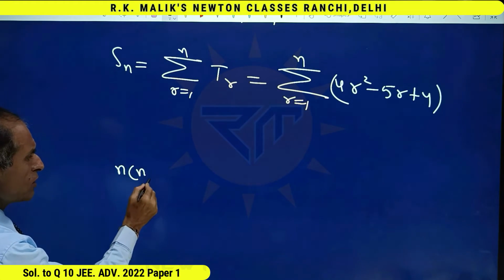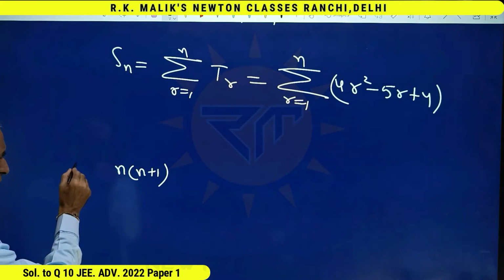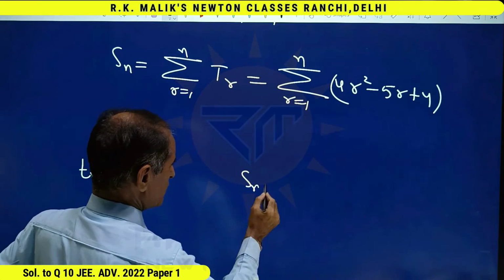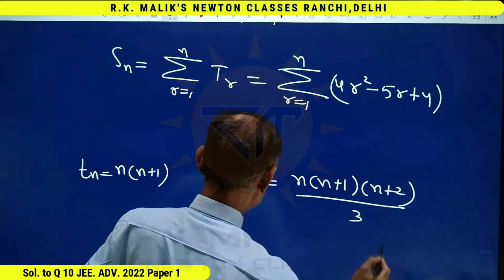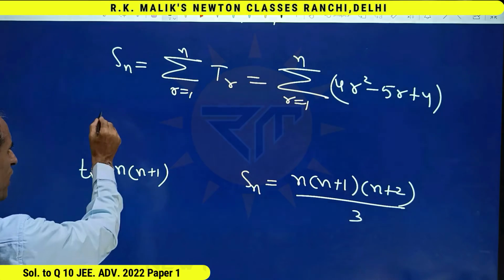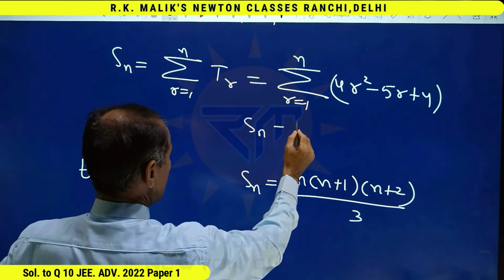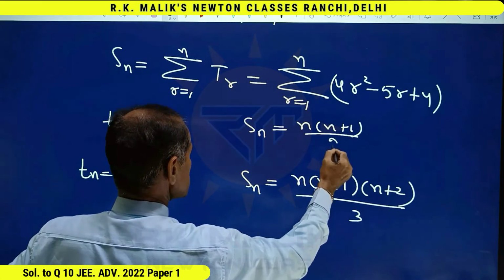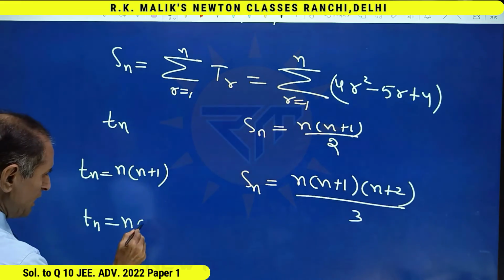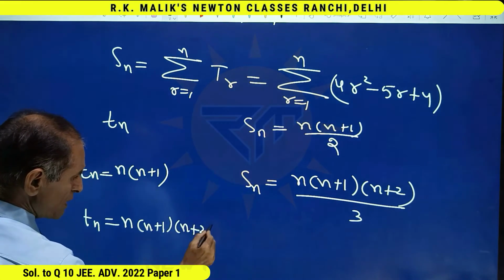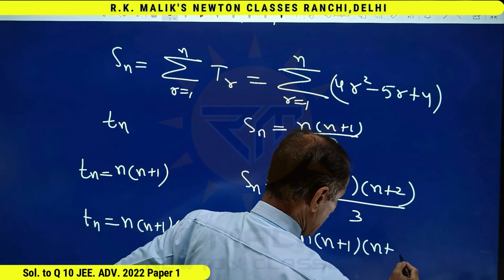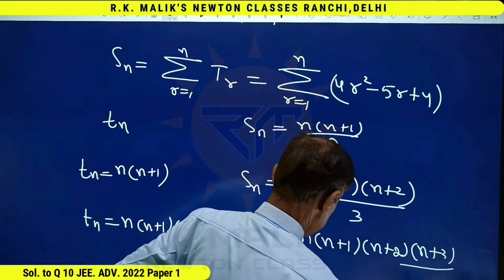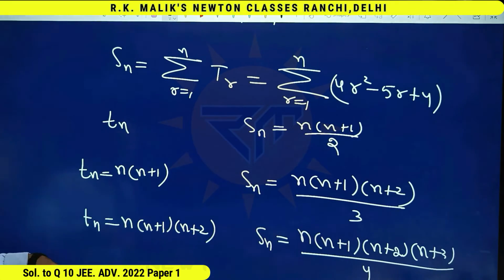As I told you while explaining the basic theory of this question, if the nth term is n into n plus 1, that is if this is Tn, then Sn is going to be n into n plus 1 by 2. If the nth term is n into n plus 1 into n plus 2, the sum of n terms is going to be n into n plus 1 into n plus 2 into n plus 3 by 4, and so on for nth term of higher degree also.